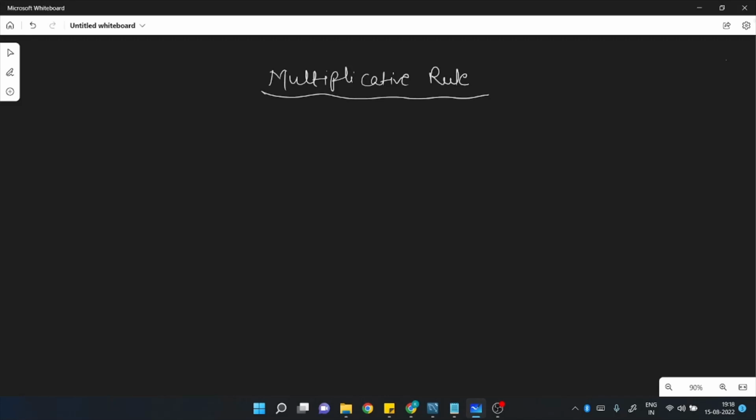Likewise, for the additive rule, we saw two kinds of events, that is mutually exclusive and non-mutually exclusive events.